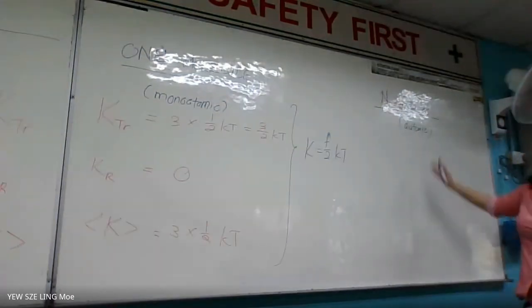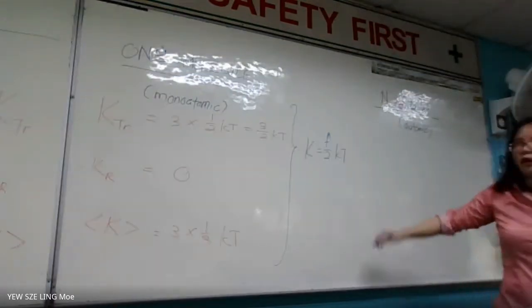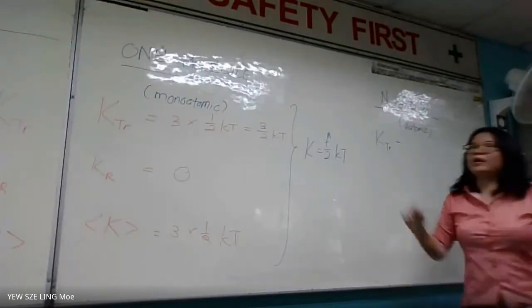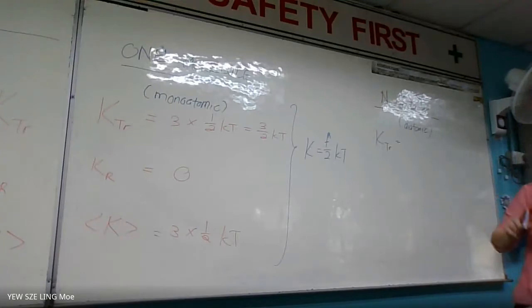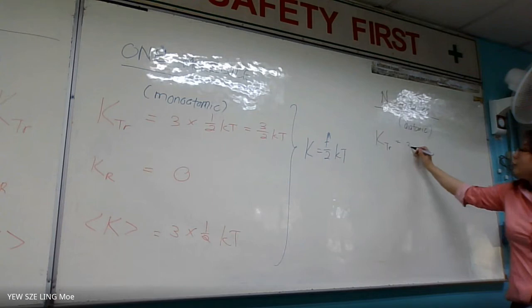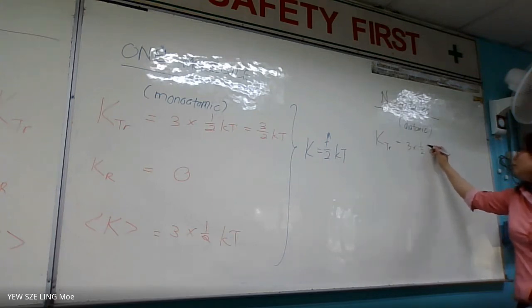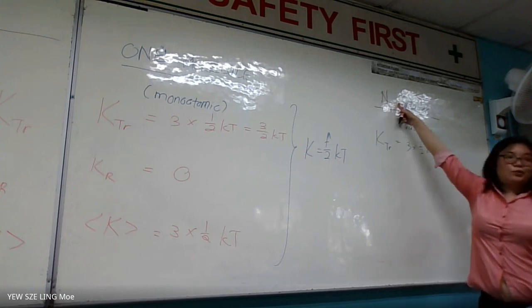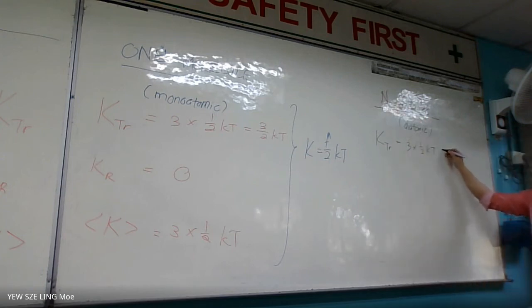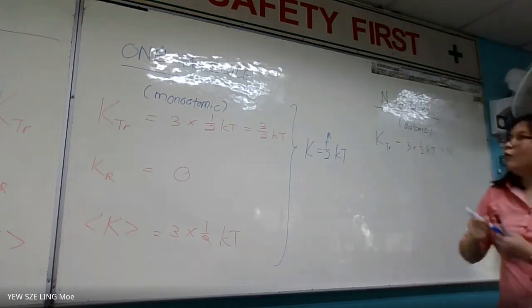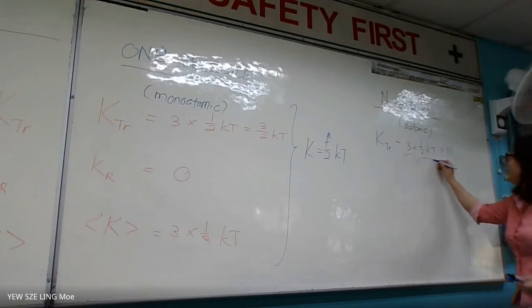So if I have diatomic, how am I going to calculate the KTR? KTR for one diatomic molecule is equal to 3 times 1/2 kT. This is for one molecule. Now you have n molecules, so what are you going to do? Times n. So this is the value for one molecule. When you have more than one, then you just times n.